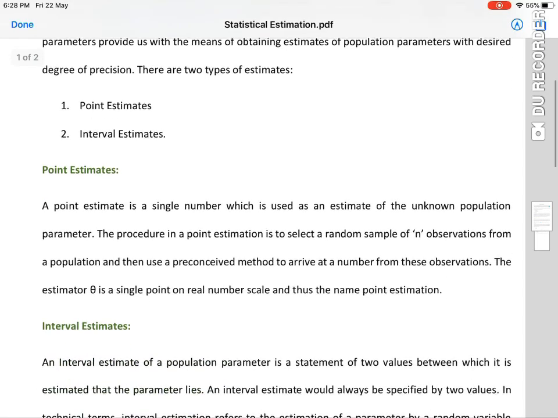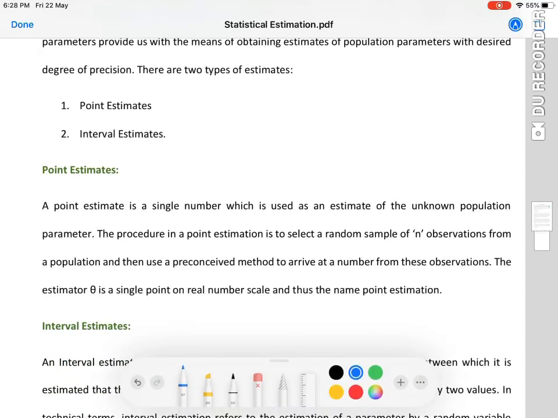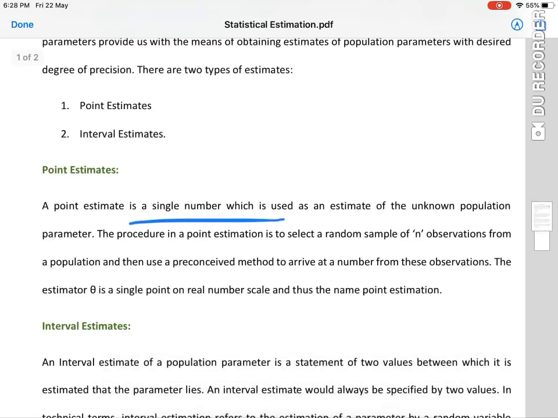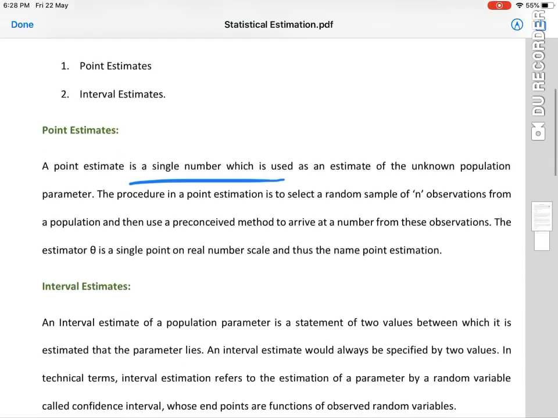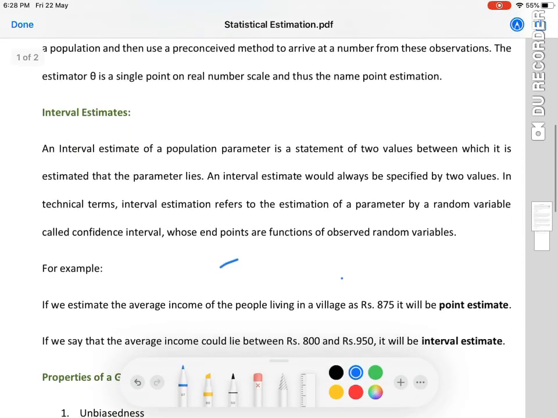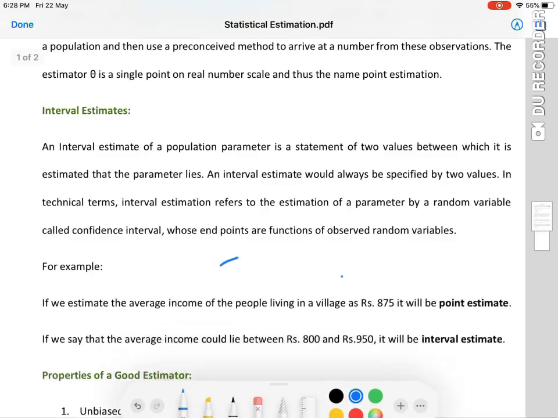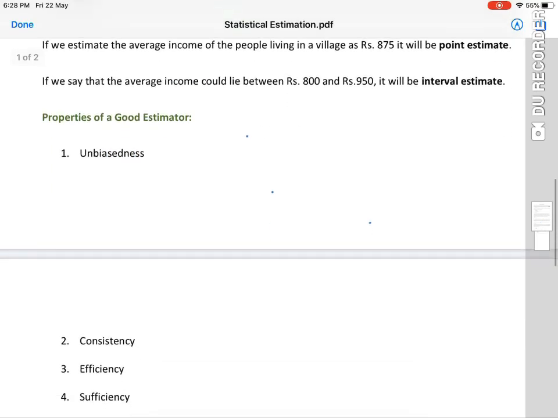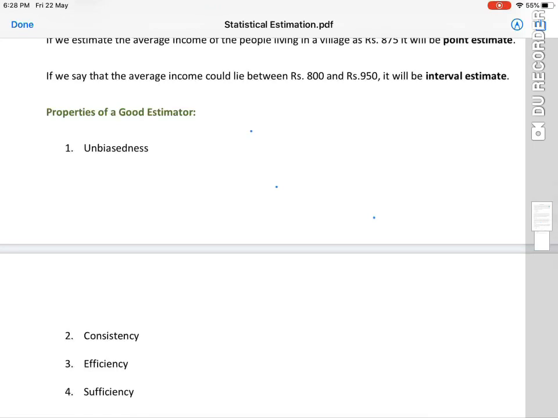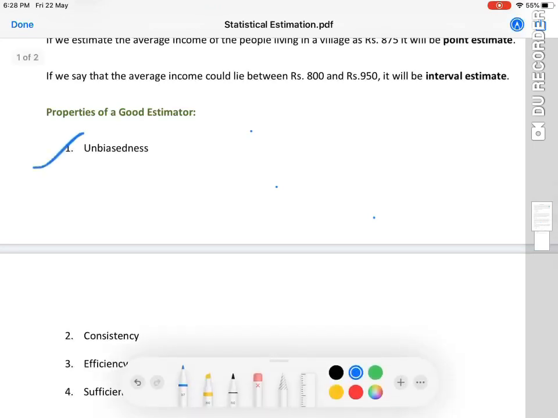A point estimate is a single number used to estimate the unknown population parameter, while an interval estimate takes any value between the given range. Then the properties of a good estimator: it has to be unbiased, consistent, efficient, and sufficient.